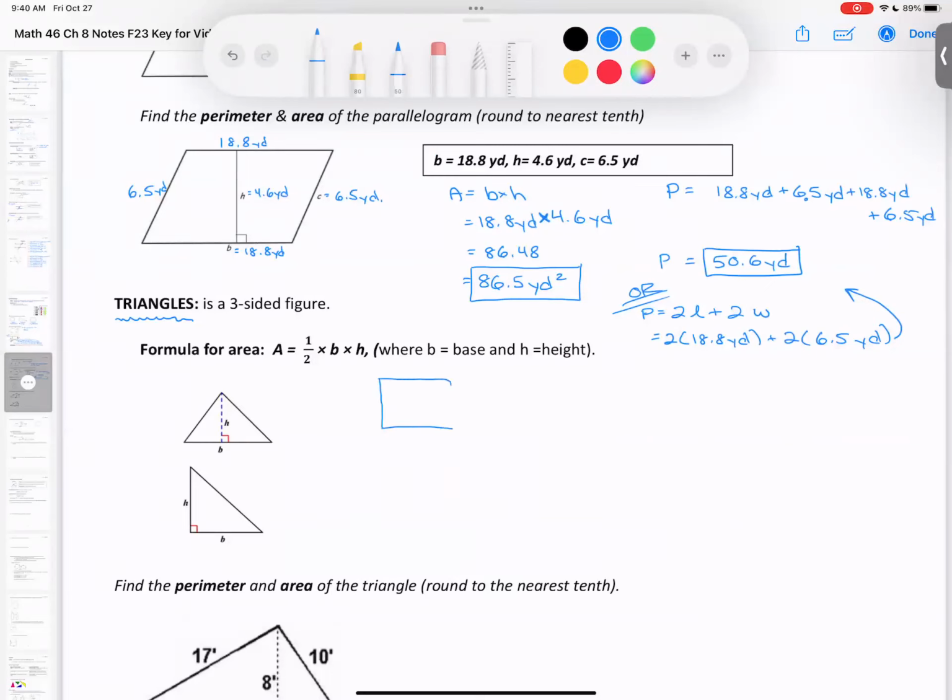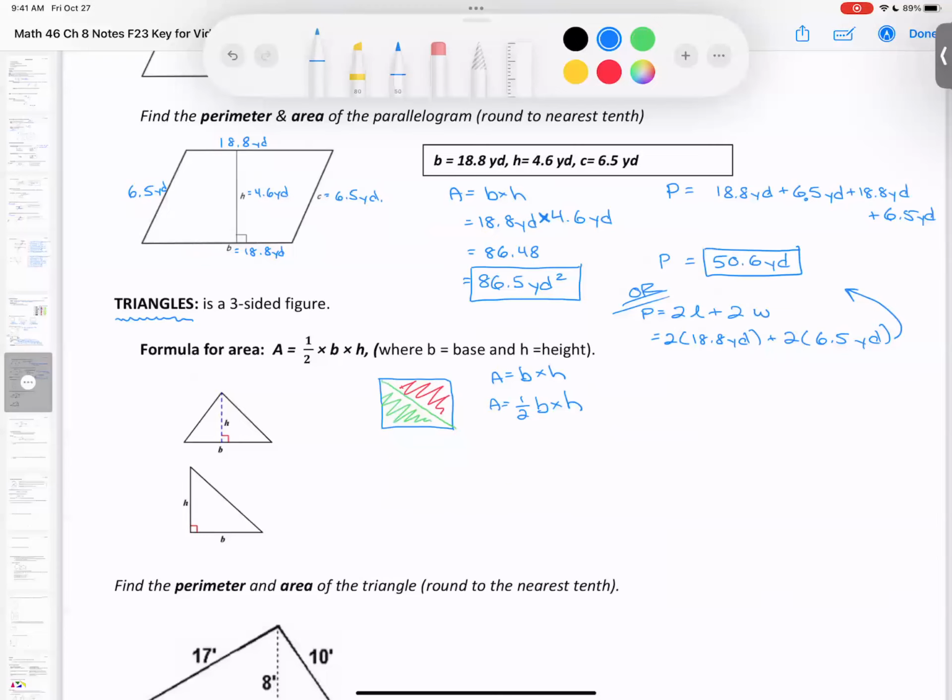If we had a rectangle, we know its area would be base times height. If I imagined dividing that area into 2, now I have 2 equal areas, which both happen to be triangles. So the area of either of those triangles is 1/2 of the area of the rectangle, so 1/2 base times height.